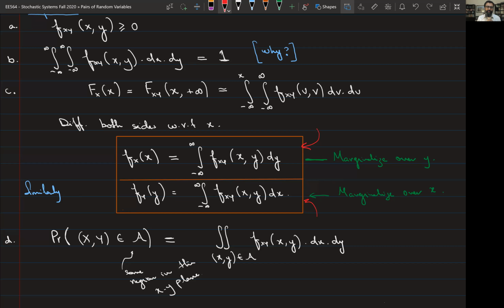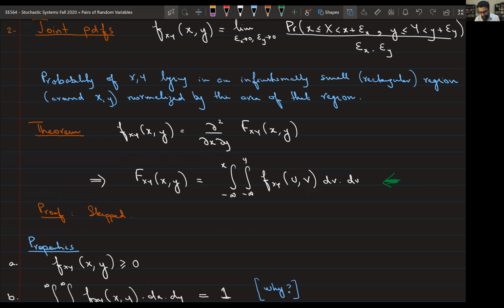You marginalize over one variable to get the other, except that the marginalization is a summation and not an integral. Similarly, for discrete random variables, if I ask what is the probability that they lie in a certain region, you sum over that region instead of integrating over it. So the ideas are very similar, and perhaps not worth our time at this stage.